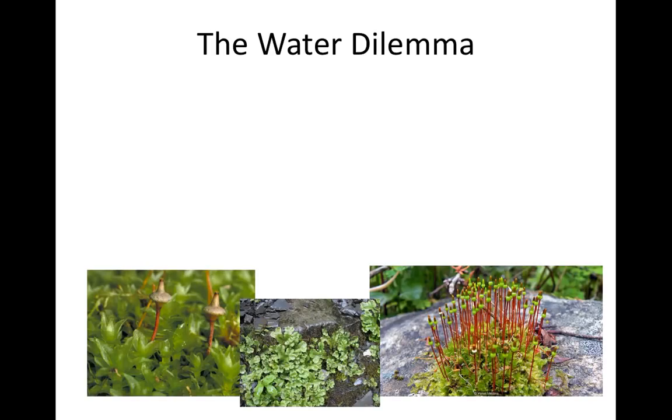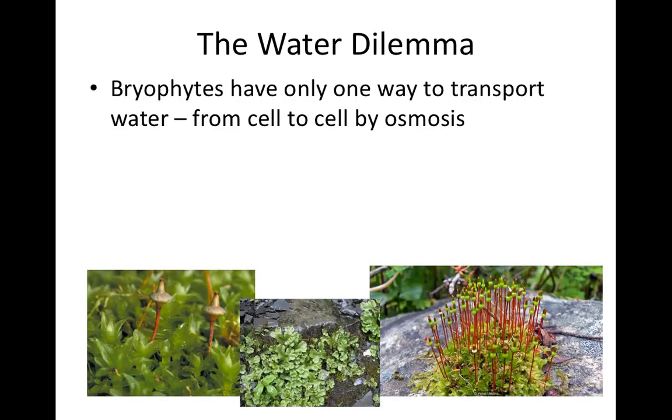Okay, so with bryophytes from yesterday, I mentioned that they are very simple, but there's a bit of a water dilemma when it comes to bryophytes. They actually have only one way to transport water. We talked about it yesterday.